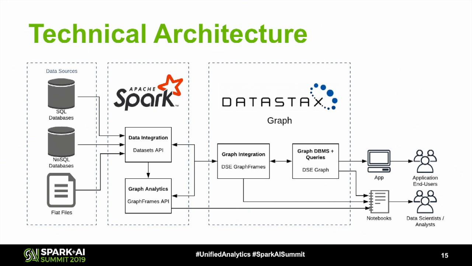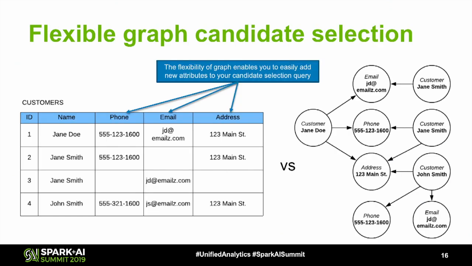So then we have the graph database. In this case, I'm showing DataStax Graph. That's what we've used before. But the point is you need some kind of graph database engine to support those graph queries that end users might be asking. So that was the high-level solution.